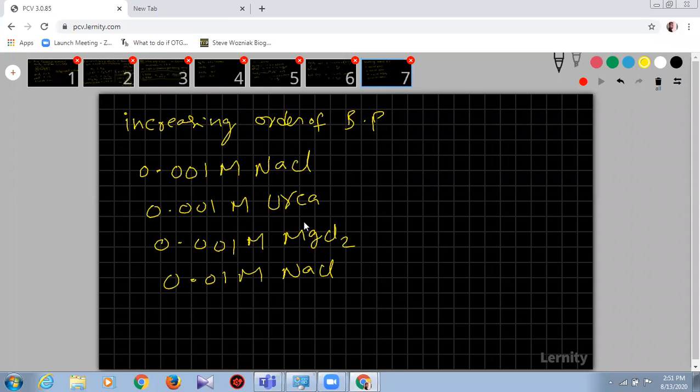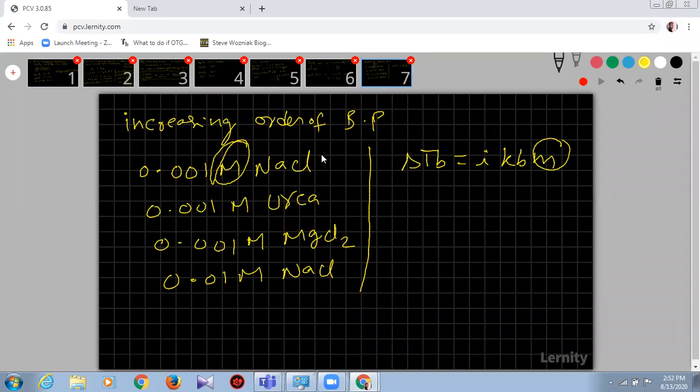Boiling point is what they are asking. Coming to the boiling point, the elevation in boiling point: delta Tb is equal to i into Kb into m, molality. Here molarity was given in all these cases, but relatively you are supposed to see that.